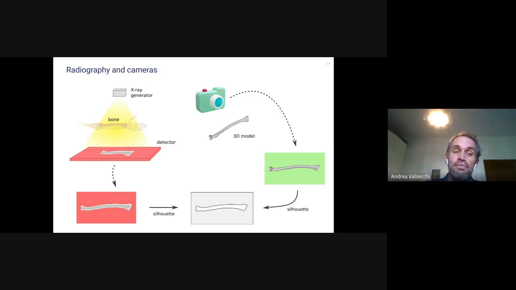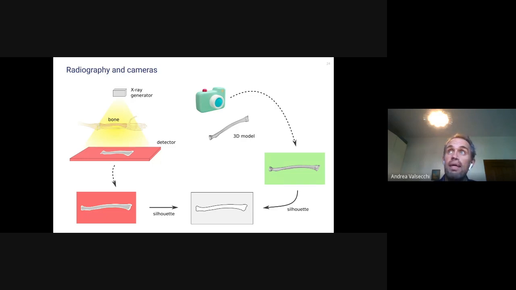If I take a 3D model of my clavicle and I take a picture of it and I just look at the shape, I can get the very same shape by taking a radiograph of my clavicle. Of course, you need to match the pose, but you can get exactly the same shapes. There is no special kind of shape that you cannot get with photo or radiography. They are the same class of shapes.